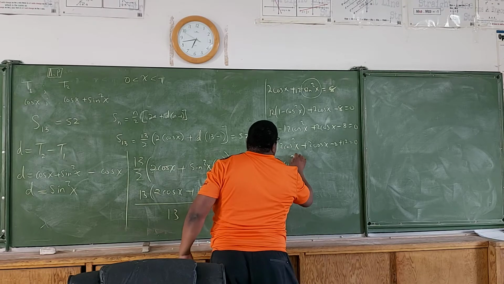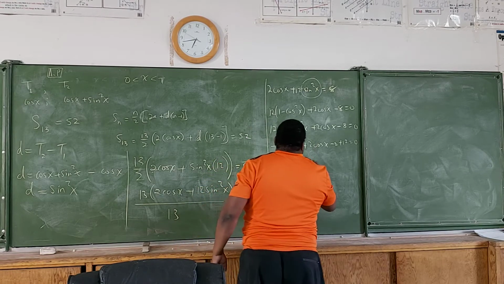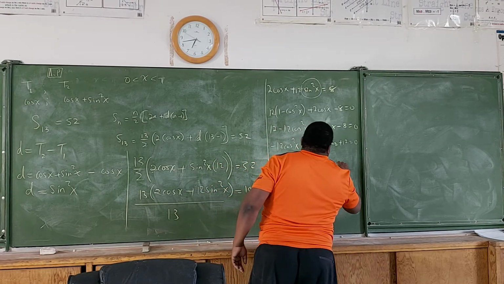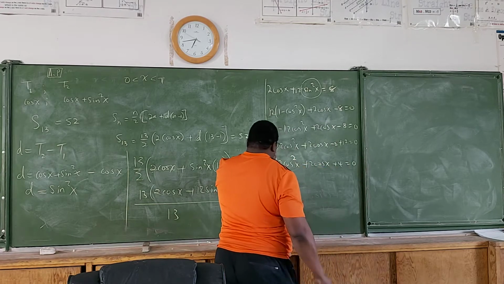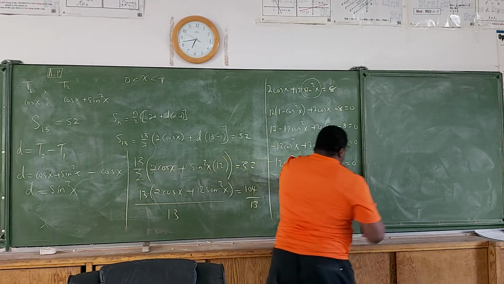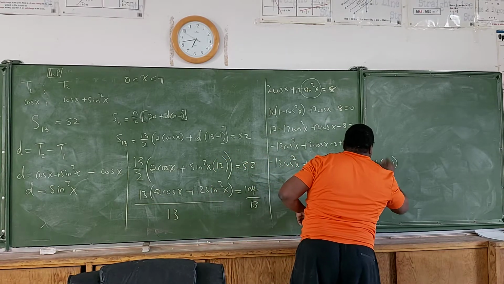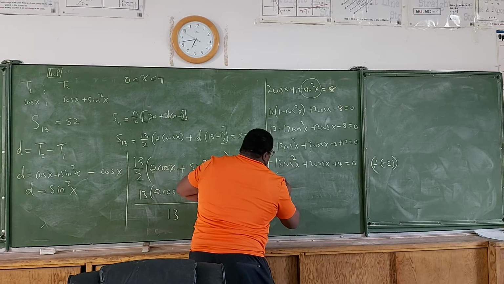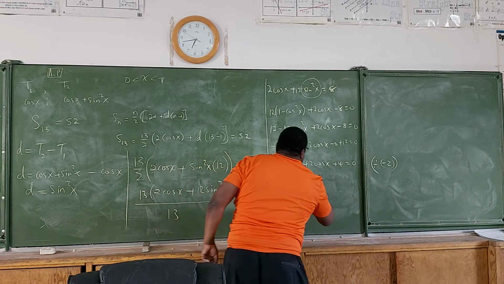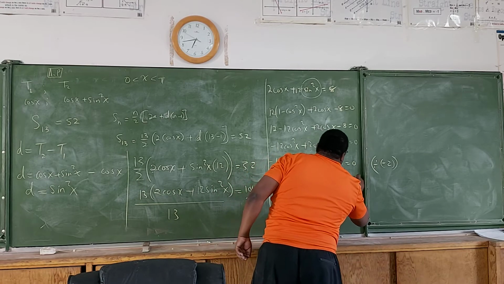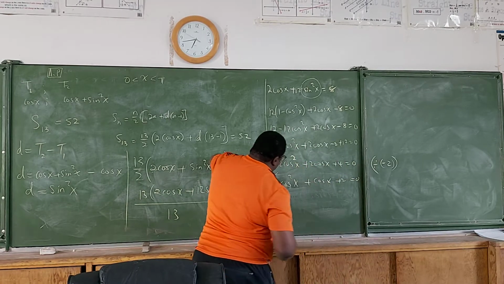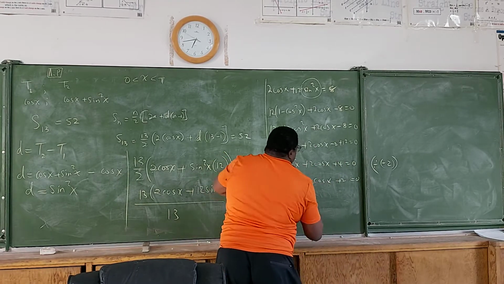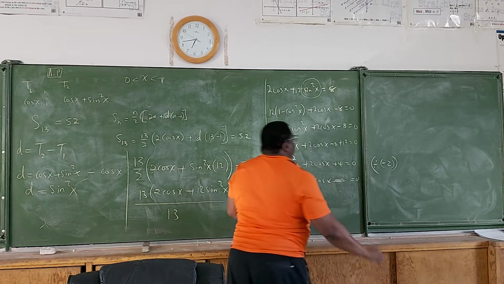Minus 12 cos square x plus 2 cos x plus 4 equals 0. 2 goes into each term, so I'm going to divide both sides by negative 2. 6 cos square x minus cos x minus 2 equals 0. You got it?